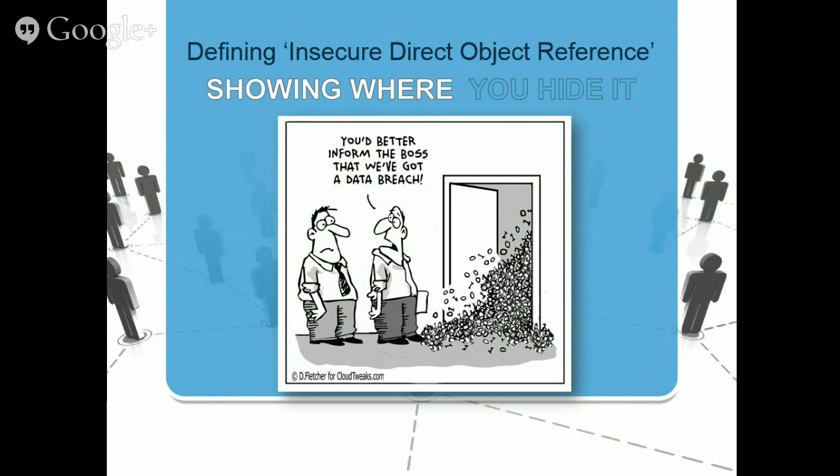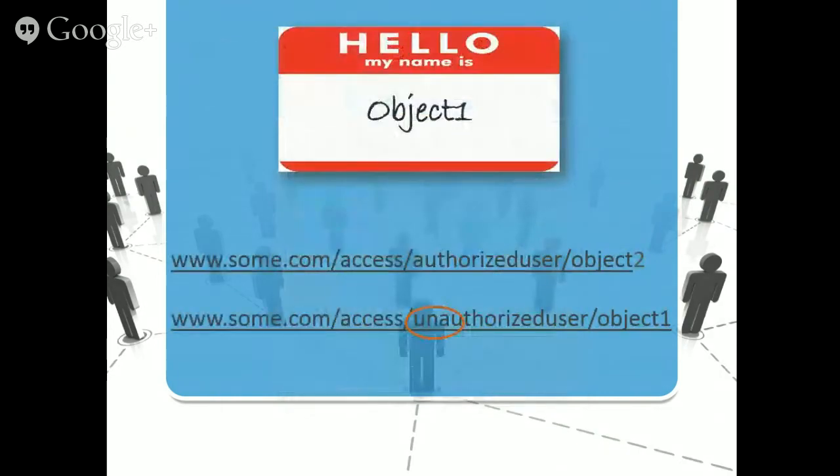So here is how it works. We have two URLs here accessing two different objects. Hi there, object one. The user wants to see you, but this user is only allowed to see object two.